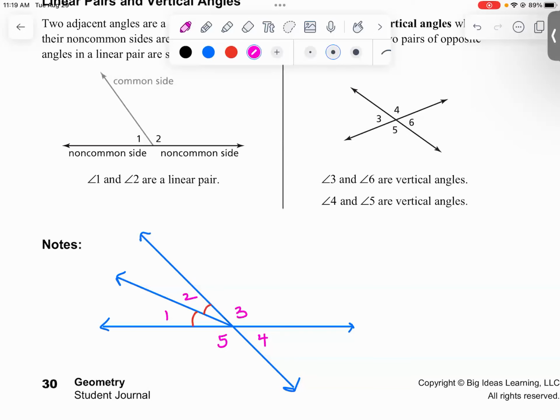Okay, I am gonna give you and your elbow partner 30 seconds to come up with as many true statements about any pairs of angles as possible. Ready, set, go. Vertical angles.